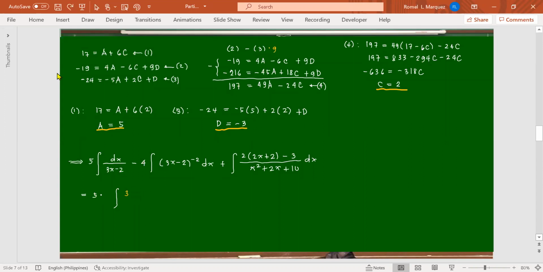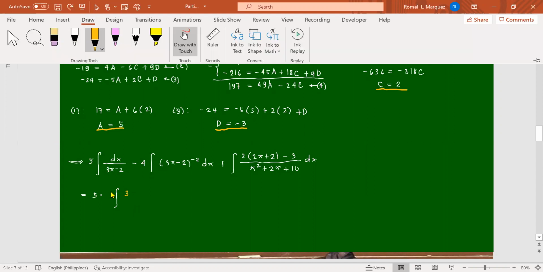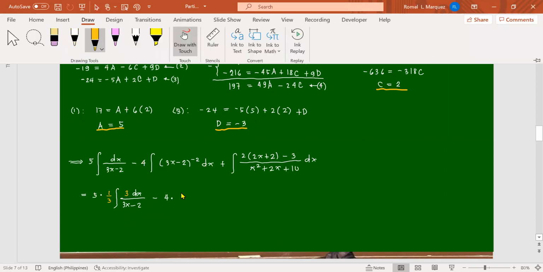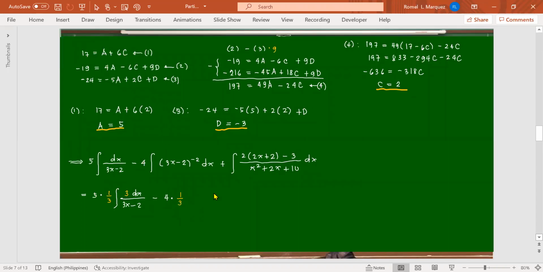Now, then outside we multiply by 1/3. So 3dx over 3x minus 2. Then minus 4, I think I need to put 3 also inside. Then balance outside by 1/3. Let me put here 3.